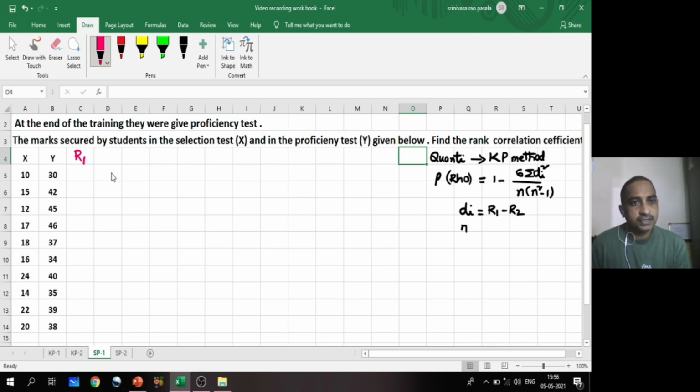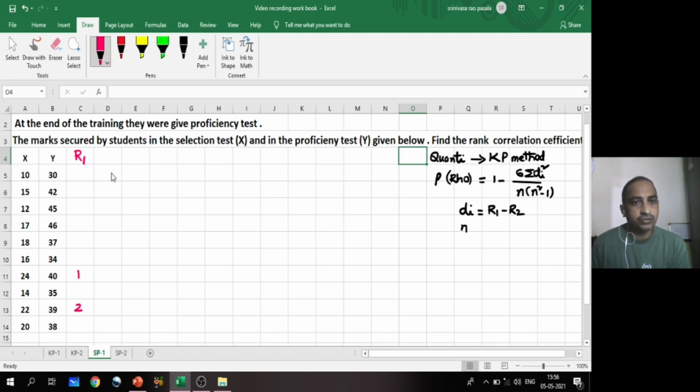In this series, 24 is the highest mark, so I have assigned it the first rank. The next highest mark is 22, so I have assigned rank 2.